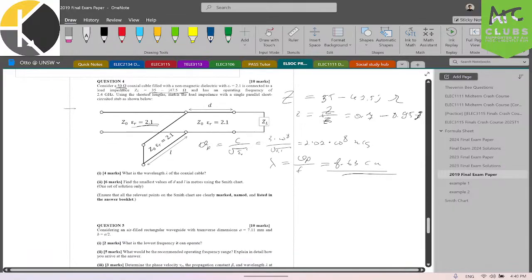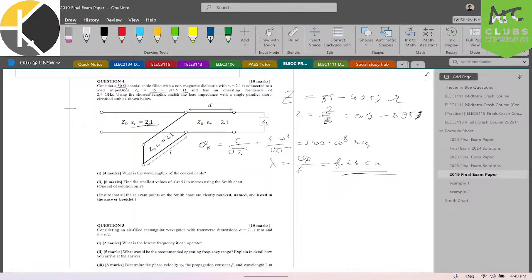Actually, before we do this, I will quickly point out a few things. This asks you for one set of solution. The reason for it is because you can create infinitely many solutions just by adding 2 pi radians to every cable section.